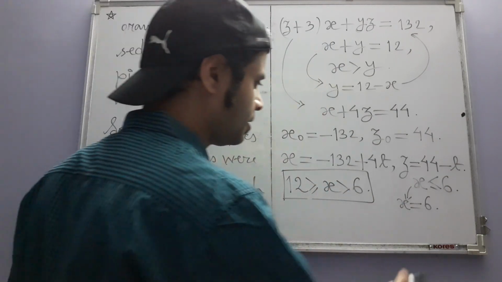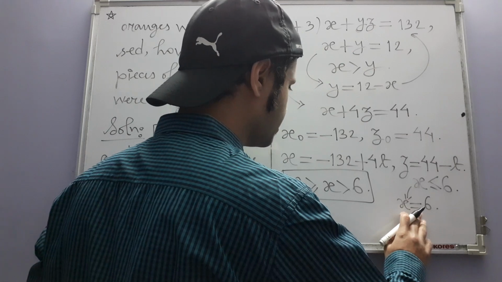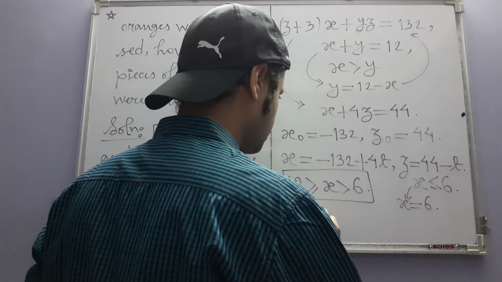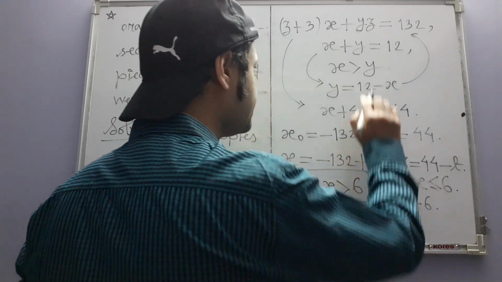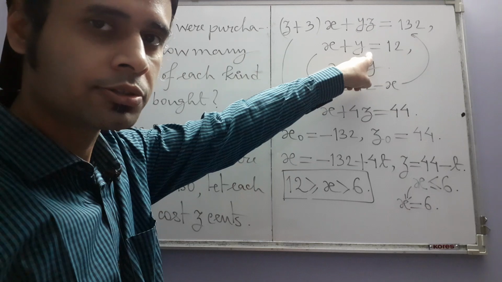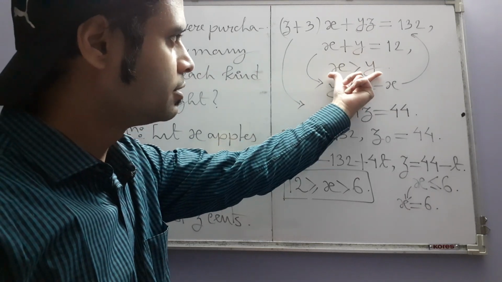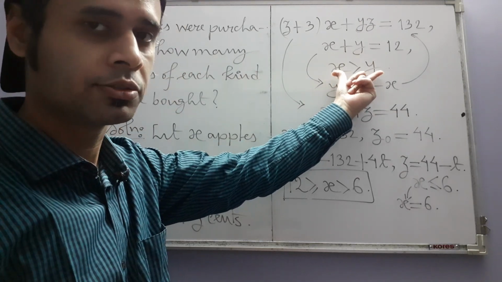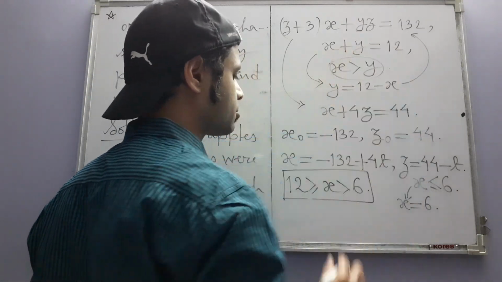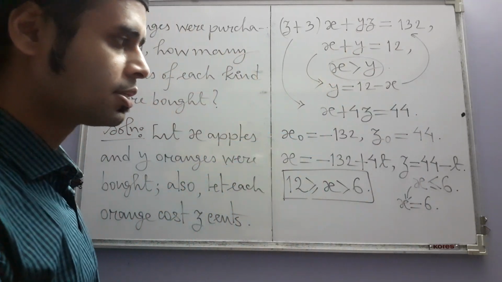Now if x is 6, then what is your y from here? y also has to be equal to 6, but then this inequality is violated. So this is where this inequality is used. So x cannot be equal to 6.